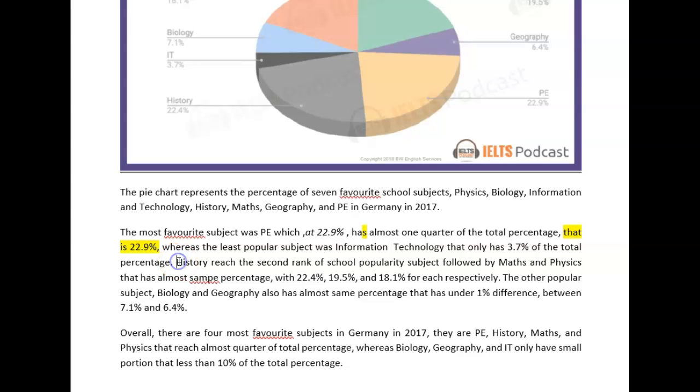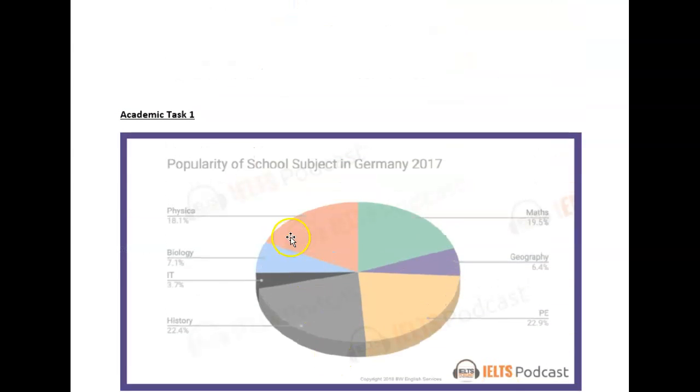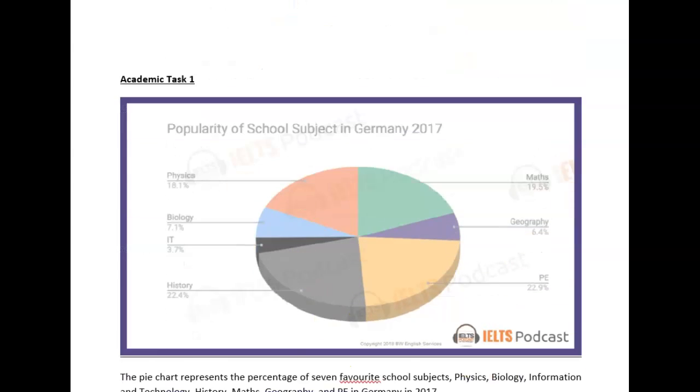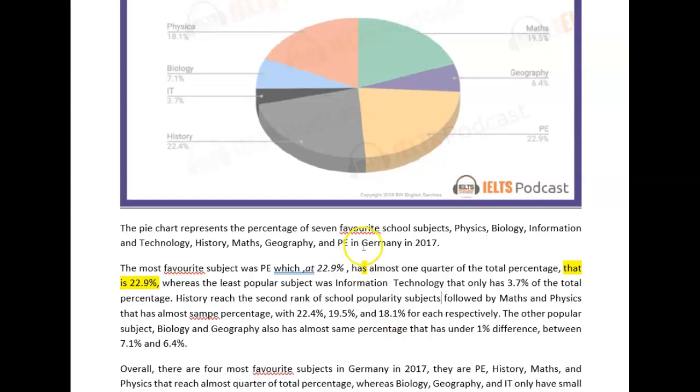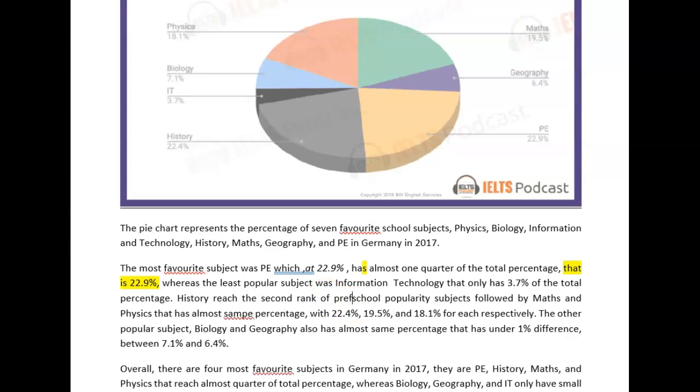Good, that's absolutely fine. History reached the 2nd rank in school popularity, of school popularity subjects. Now, be careful here because they're using popularity and you can show some different words. Okay? So you said favourite here and favourite. So why don't we have here preferred school subjects?